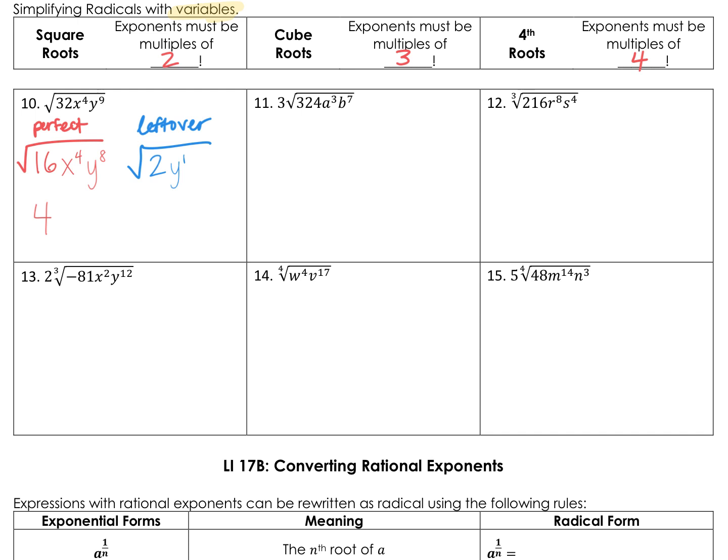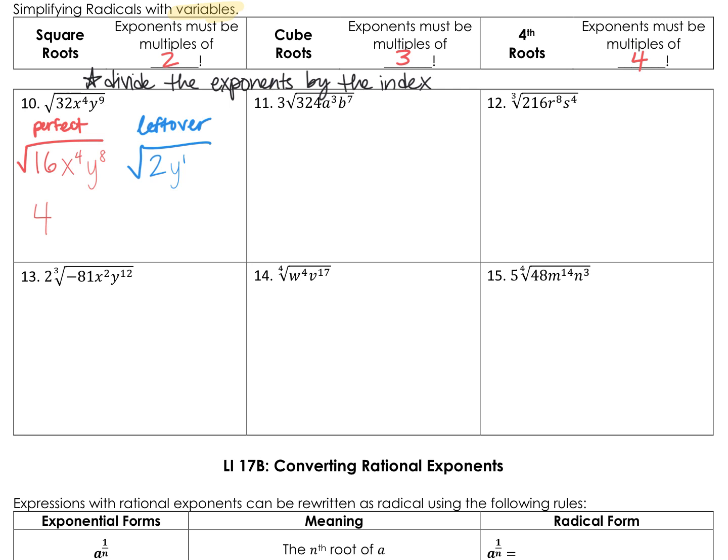Okay, exponents, we will add this to the top here. Here's how we need to think about exponents. The variables are different, so you need to divide the exponents by the index. The index meaning the number in the little crook.